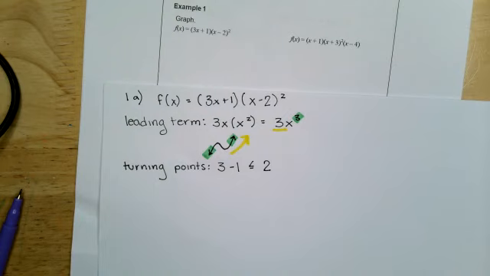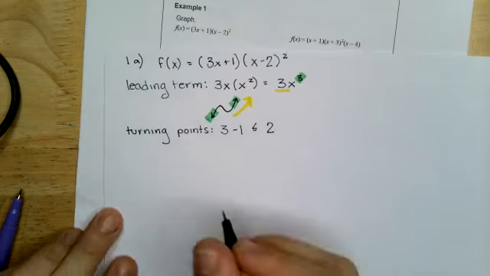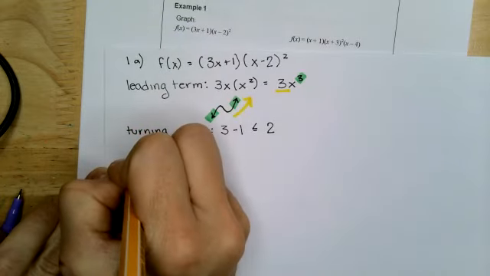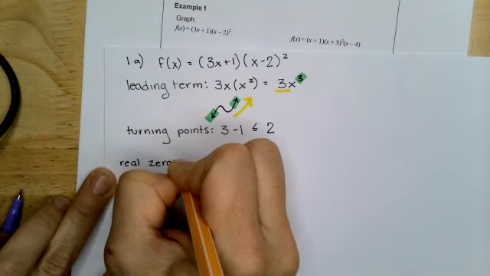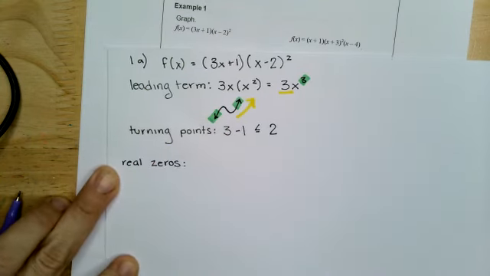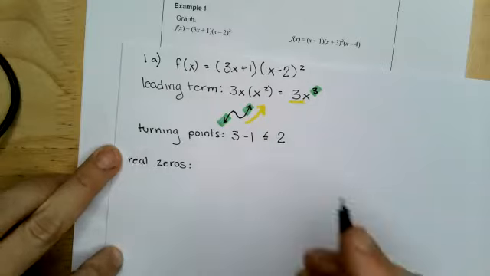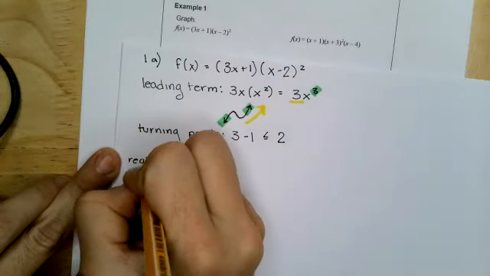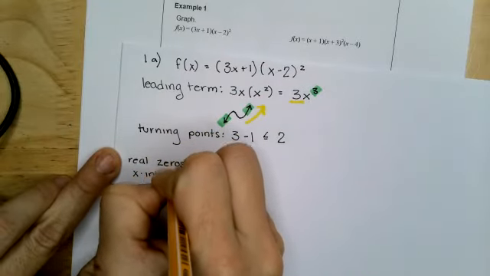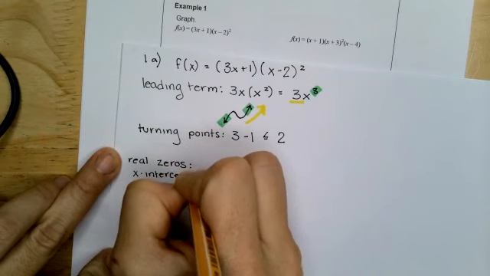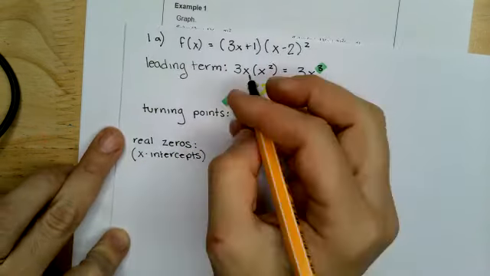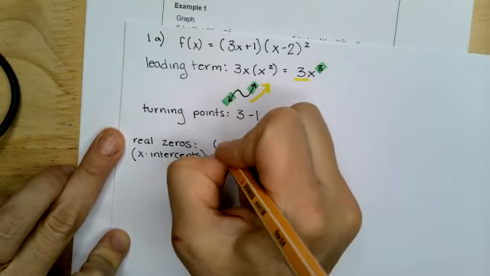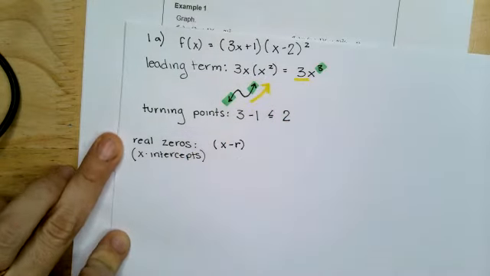Now let's find our real zeros. Our real zeros are our x-intercepts. Those are interchangeable, okay? The real zeros are the x-intercepts, and in factored form, it looks like x minus r.